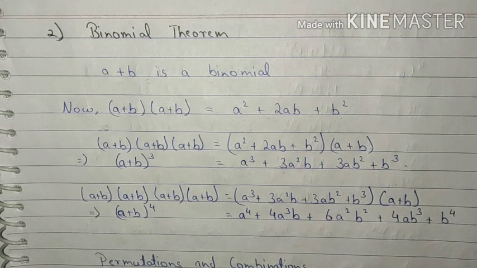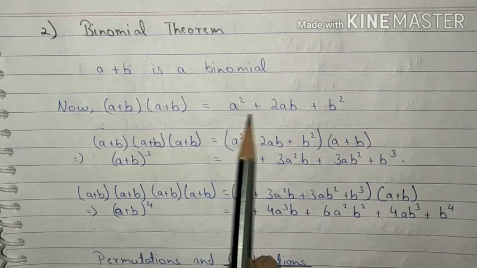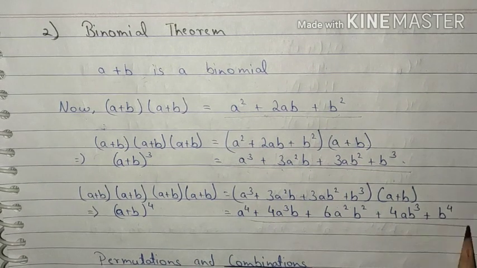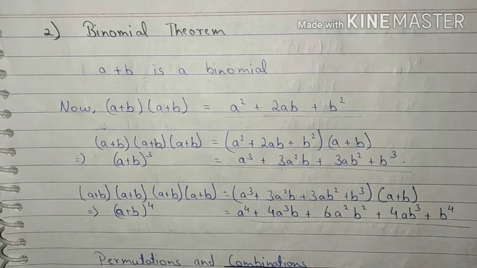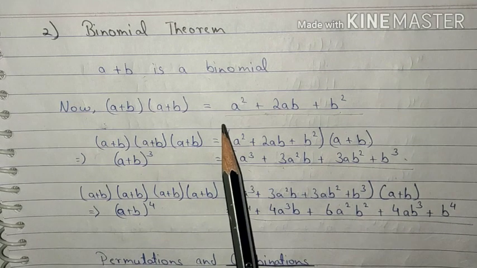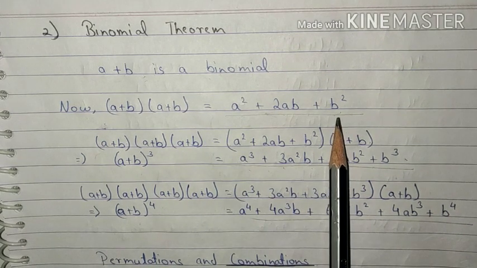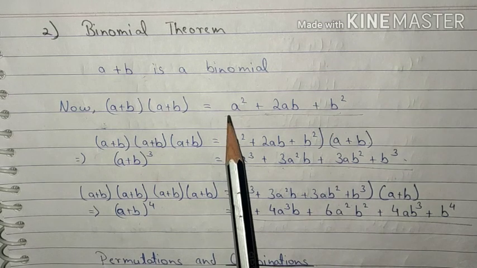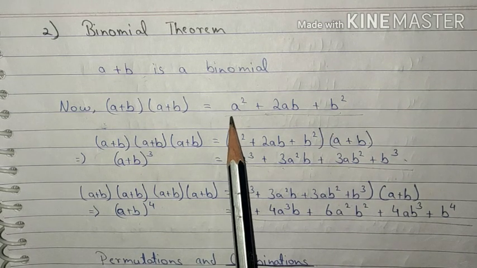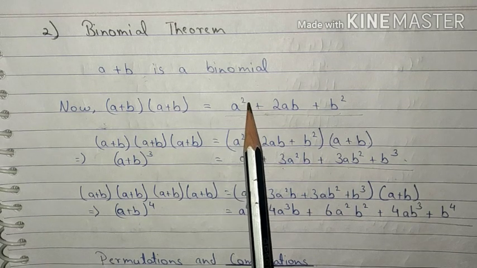I would like to draw your attention to one interesting thing over here. If you observe in all these three equations, you will see that the powers on the variables are following a fixed pattern. As you observe over here, we had two variables A and B. Now in the first term the maximum power is on the first variable, that is A square.